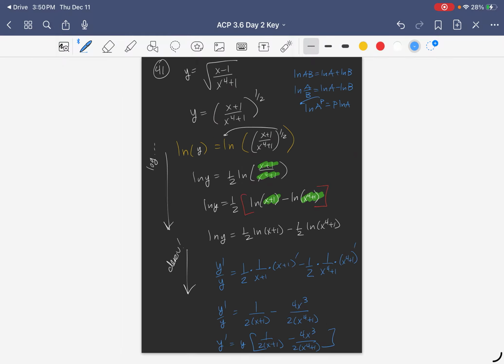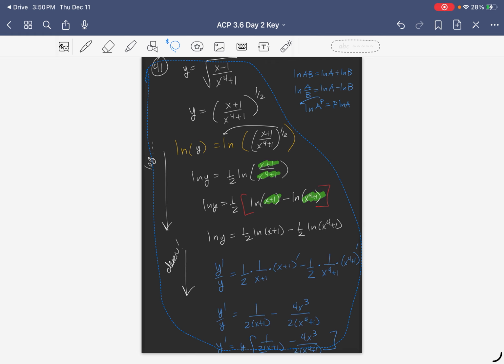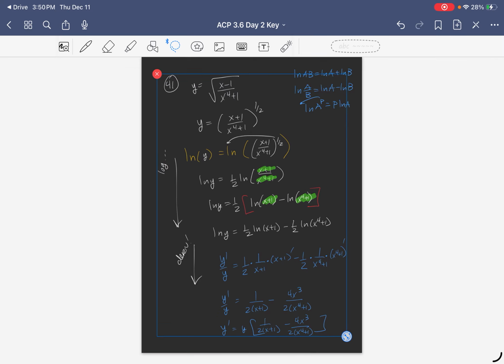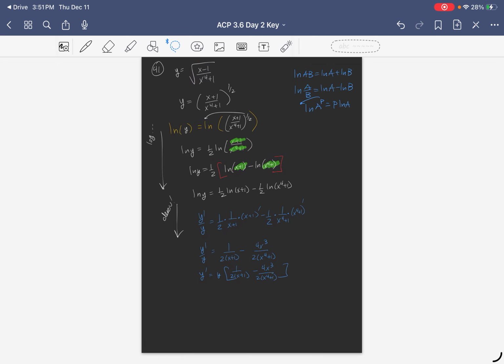And then what I can do is take all of this and resize it, give myself just a little bit more room. If you have that ability, I would recommend it.